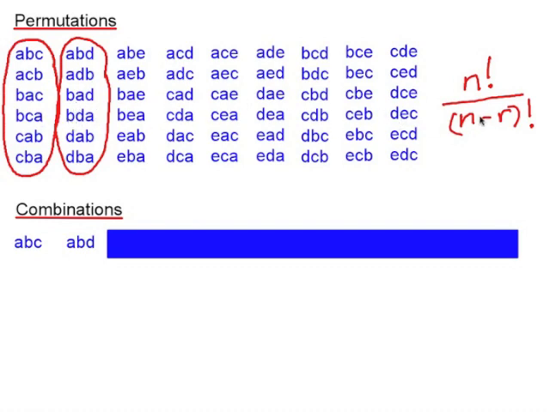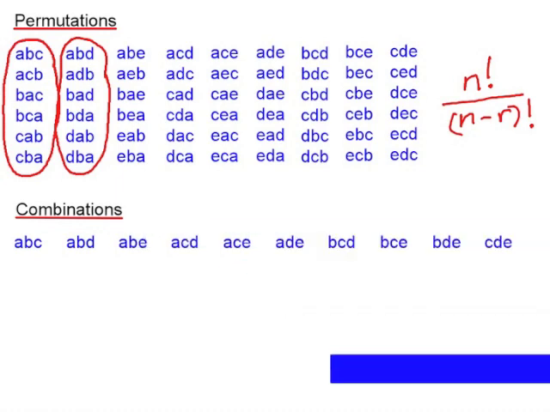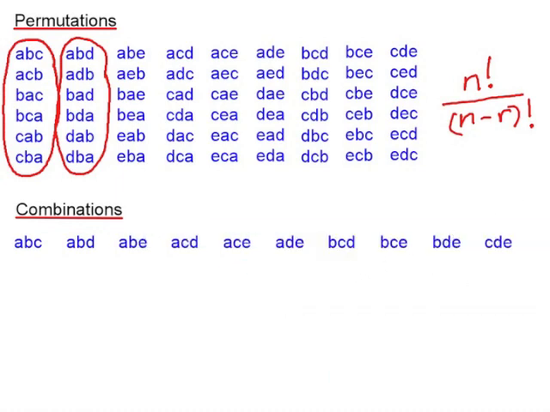Altogether I've got 10 groups of 6, so 10 combinations of 3 letters chosen from the original 5. Remember, I started with 60 permutations of 3 letters, but I've got them arranged in groups of 6. So if I divide by the 6, that leaves me with the 10 combinations of letters.